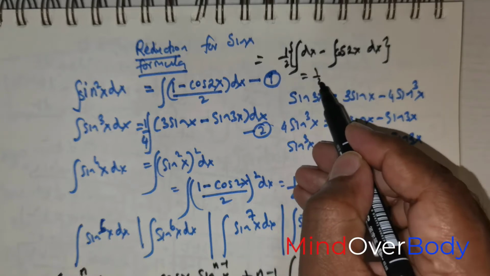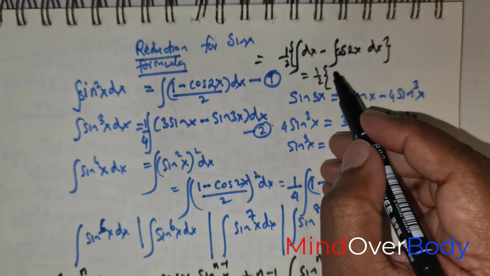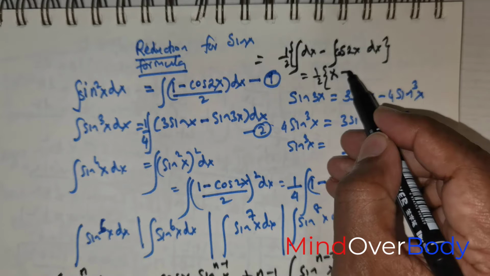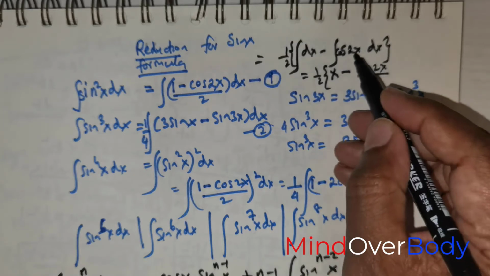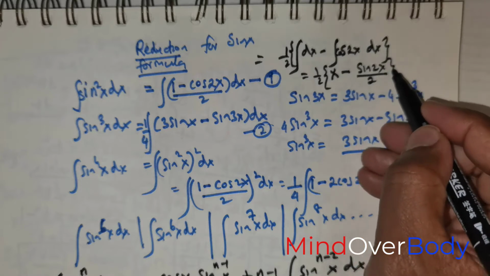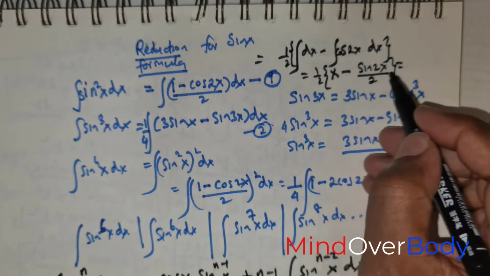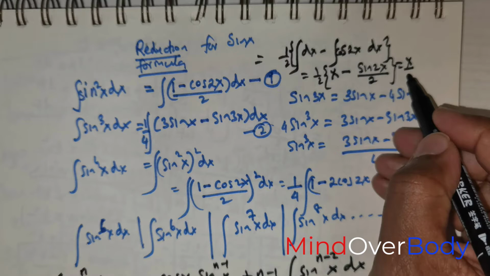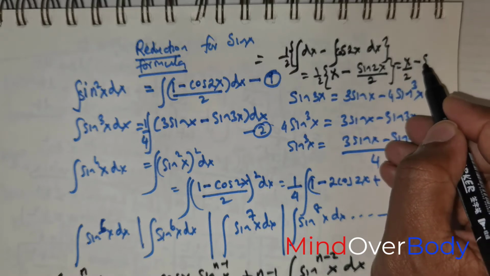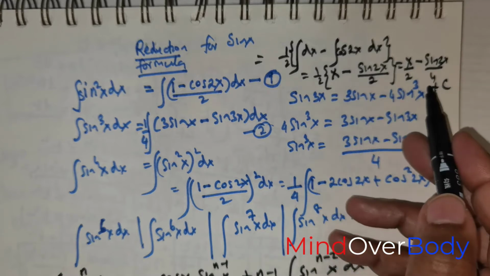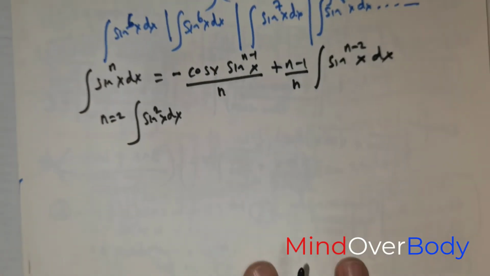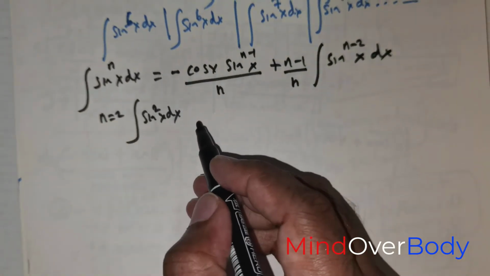So this is going to be 1/2 times: if I integrate dx, it gives me x; if I integrate cos 2x, it gives me sine 2x, and since the coefficient of x is 2, I divide by it. Now if I distribute 1/2, this would give me x/2 − sine 2x/4 + an arbitrary constant.